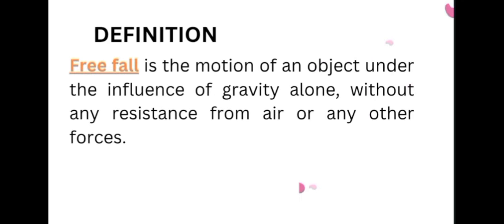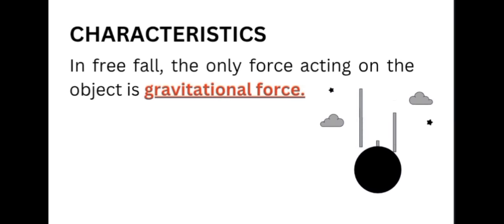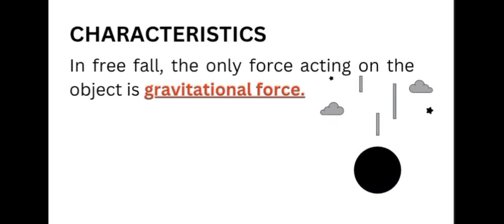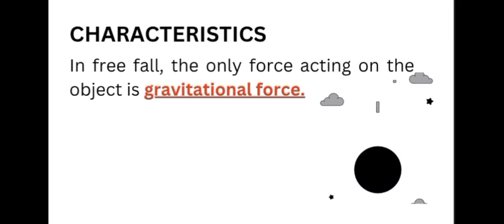By definition, freefall is the motion of an object under the influence of gravity alone, without any resistance from air or any other forces. It means in freefall, the only force acting on the object is gravitational force, and this gravitational force causes the object to accelerate as it falls.